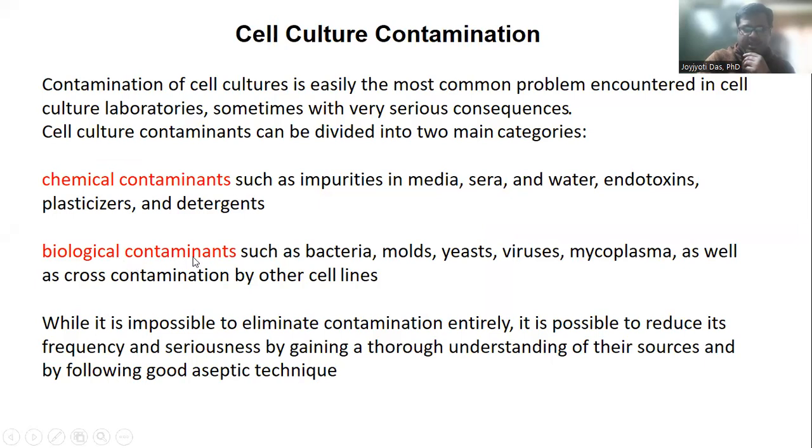And biological contaminants may include various types of microorganisms such as bacteria, mold, yeast, viruses, mycoplasma, as well as cross-contamination by other cell lines when you are performing experiments related to co-culturing of cells, when you're handling several cells together. That can also be a major source of contamination.